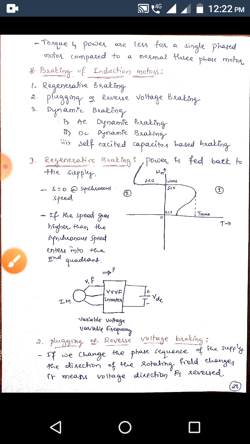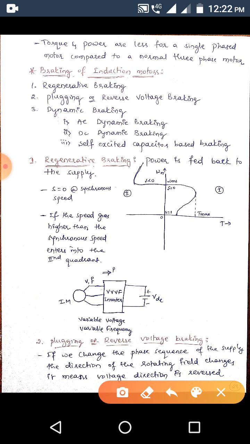I have drawn this, you can refer to this figure. The motor is rotated at no load speed, that is ωms. Whatever we get here will be the maximum torque.